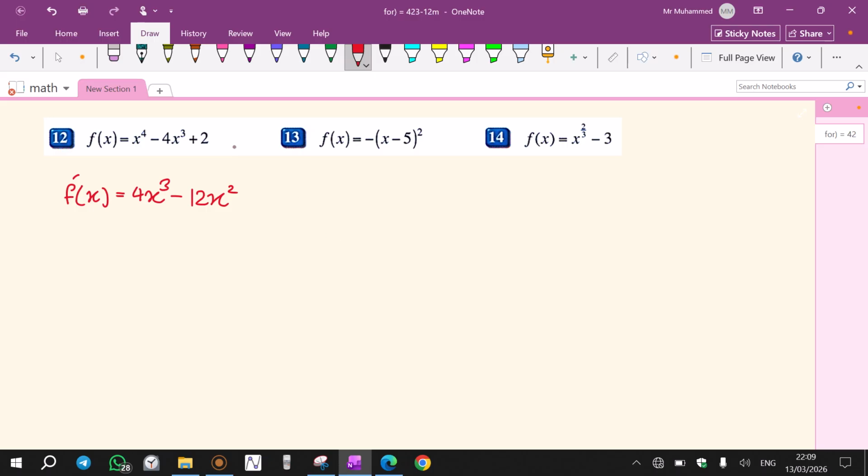Derivatives of constants are 0. This is the first derivative. Equalize this to 0: 4x power 3 minus 12x squared equal to 0. Divide everything by 4 because it's divisible. That's going to be x power 3 minus 3x squared equal to 0.